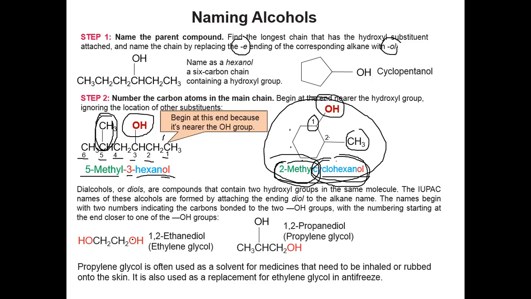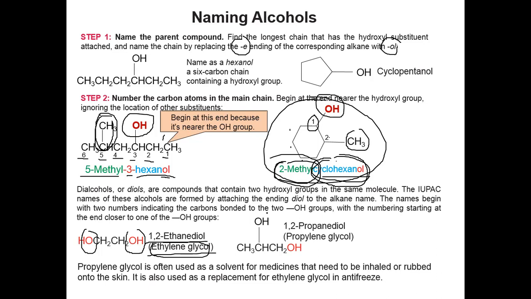For alcohols with two hydroxyl groups, we say 1,2-ethanediol, ethylene glycol. I understand it's difficult to remember all these things, but I'll explain, and we'll go into more detail later.